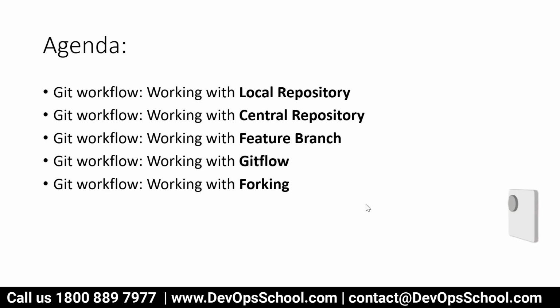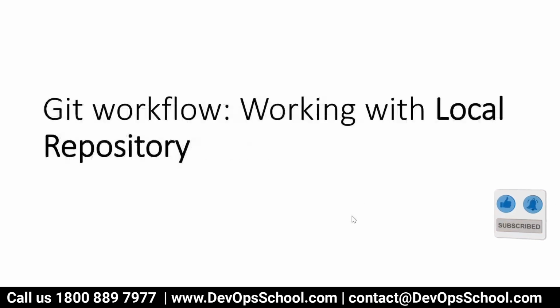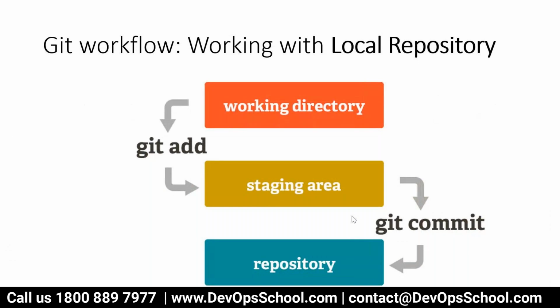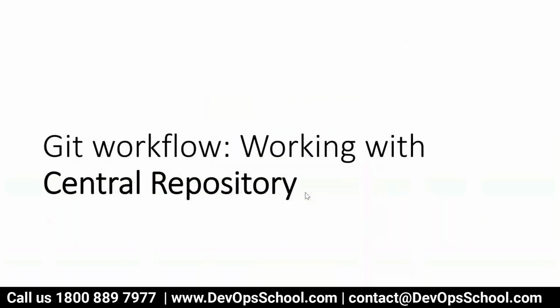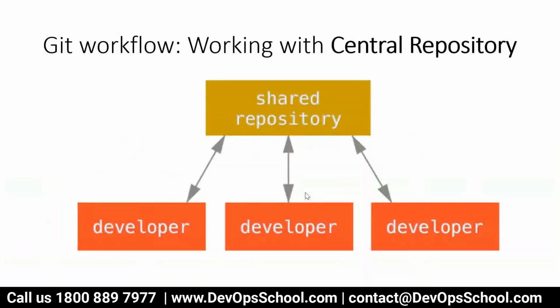Forking I have also covered. Git flow mainly I want to talk about. So are you comfortable with this image, right? All of you? Yes. So this was the local repository, and this is the central repository which we have worked with.